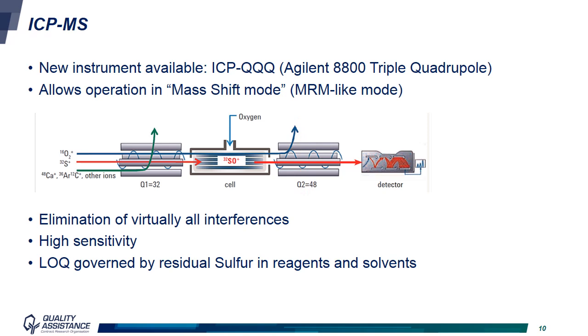Such a configuration allows the elimination of virtually all interferences and shows very high sensitivity. In fact, the LOQ is only governed by the residual sulfur in reagents and solvents.